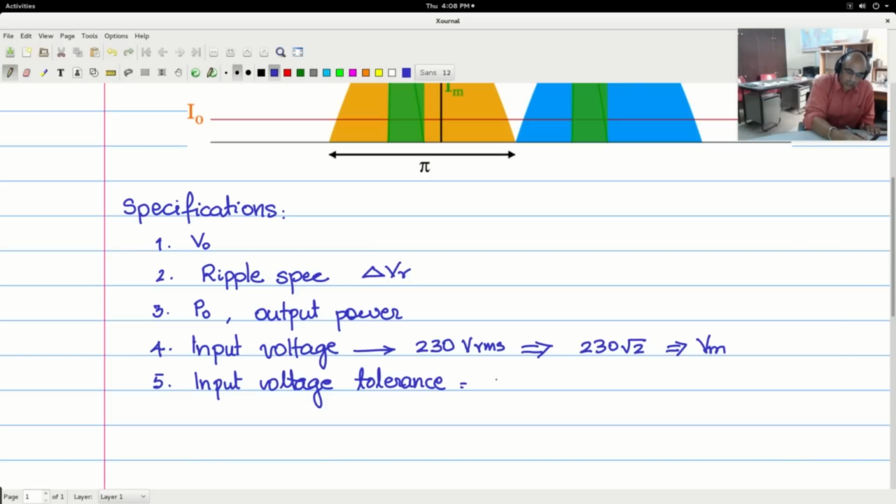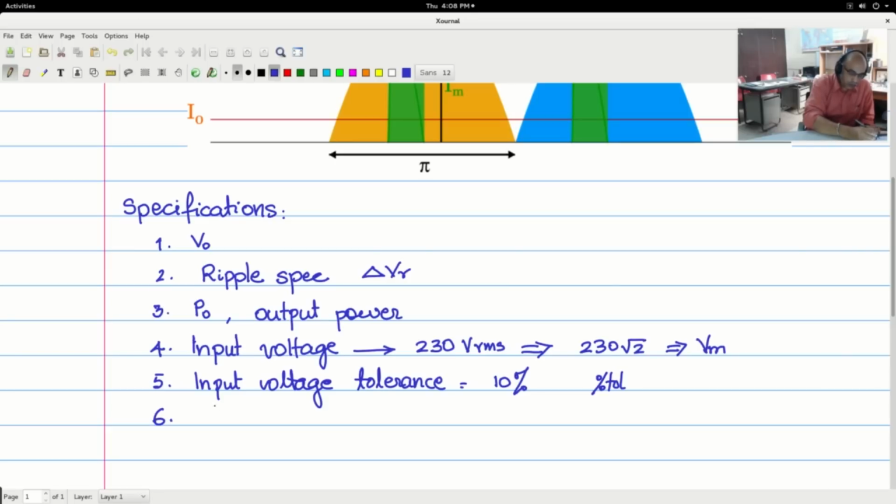This is generally given like 10% or 15% of your nominal value. So it will vary from minus 10% to plus 10% of 230 volts RMS, which means 230 volt plus or minus 23 volts. So this tolerance has to be given, and we'll call it percent tol as the variable.